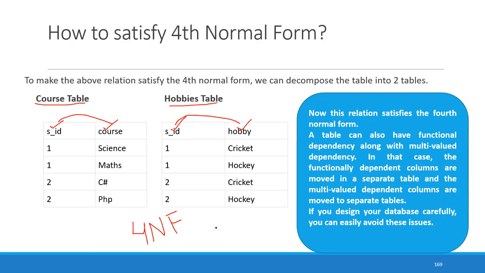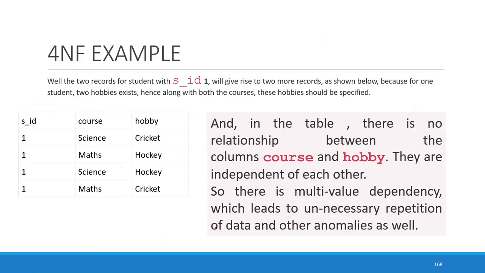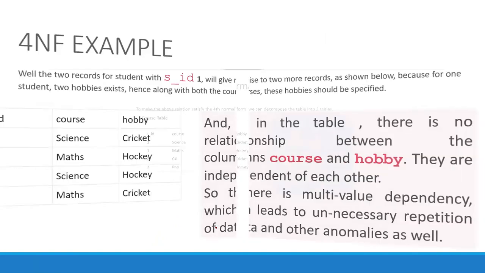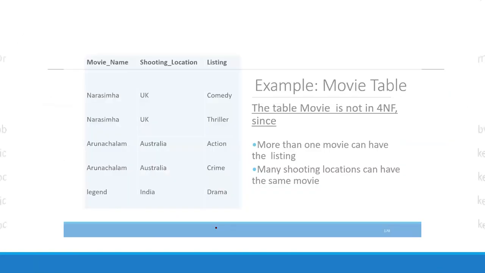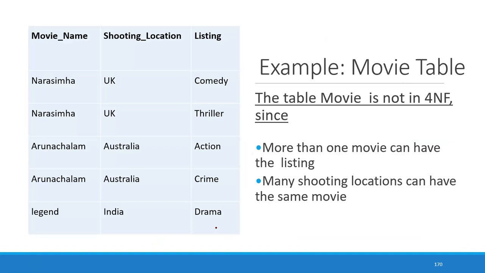Now another example in fourth normal form. There is a movie table. It gives the details of movie name, shooting location, and listing, that is, what type of movie it is: comedy, thriller, action or crime. Take the Telugu movies Narasimha, Arunachalam and Lizard.